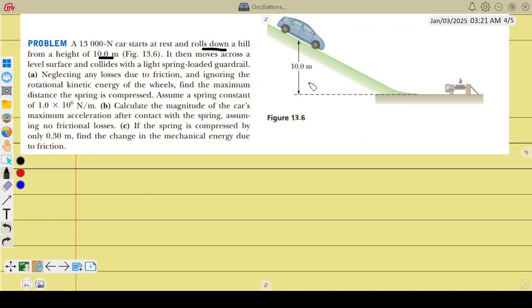First, when you look at a spring, obviously you should think, okay, there is elastic potential energy, which is written as PE with a small s. When you just see a spring, you know there's elastic potential energy.